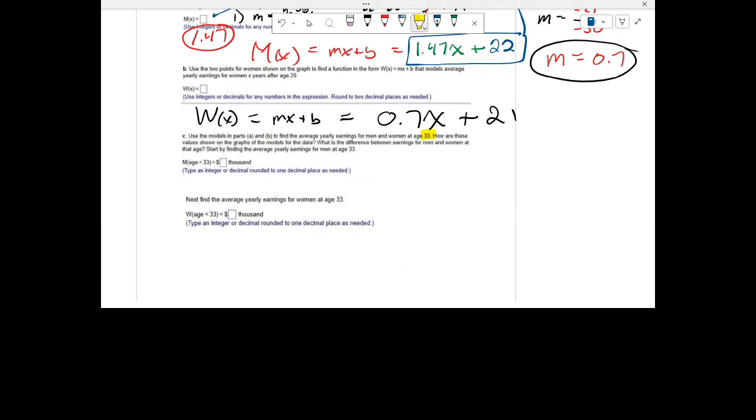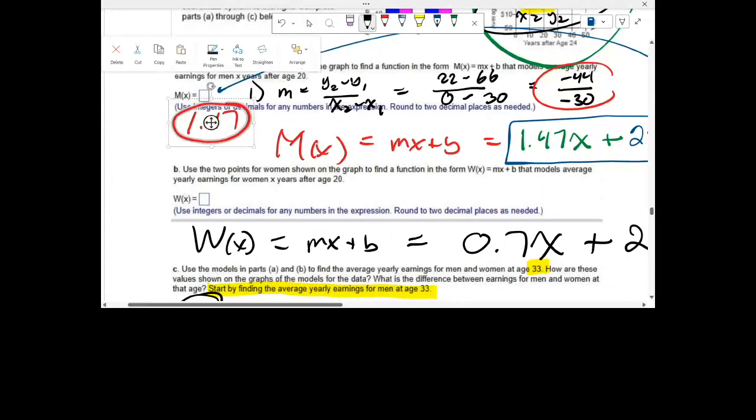Okay, and look what they're telling me to do. Start by finding the average yearly earnings for men at 33. So we're going to figure out, when men are 33, how much are they going to earn on average for a year? Now, I can't just plug in the number 33, and I want to tell you why.